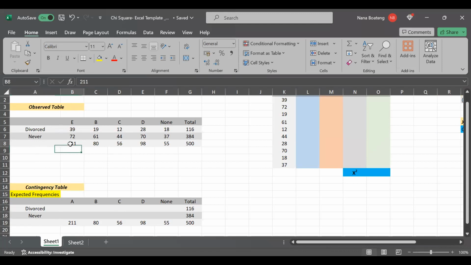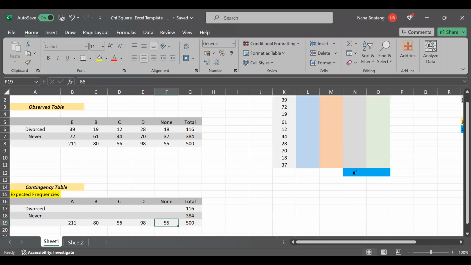We know the totals for each of the categories of religious affiliations. Category A is 211, B is 80, C is 56, D is 98, and none is 55.